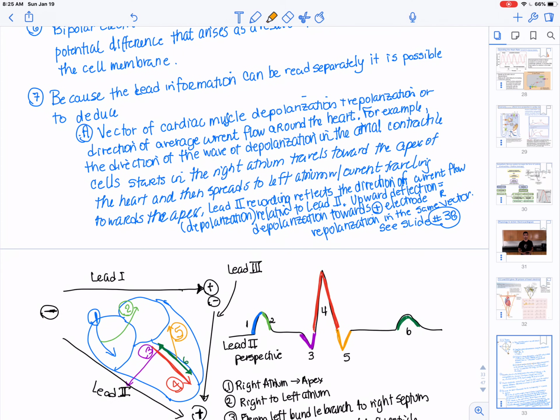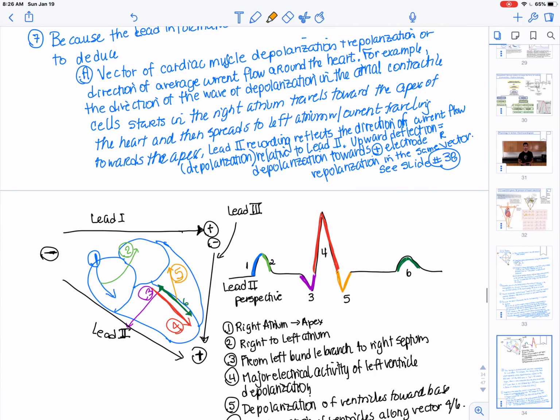I showed you the vector of cardiac muscle depolarization and repolarization, which really means the direction of the average current flow around the heart. For example, the direction of the wave of depolarization in the atria, contractile cells, starts at the SA node, we know that, and then travels in the right atrium towards the apex of the heart, and then spreads to the left atrium with current traveling towards the apex.